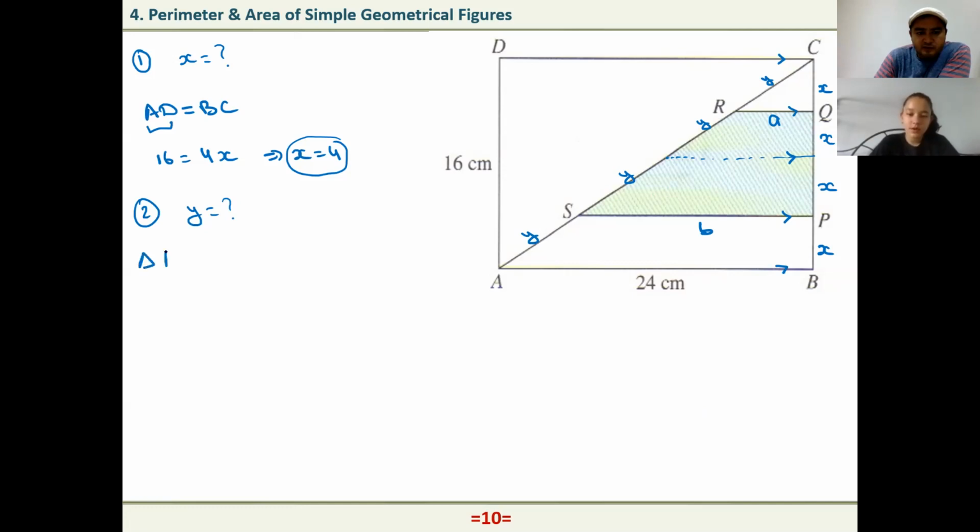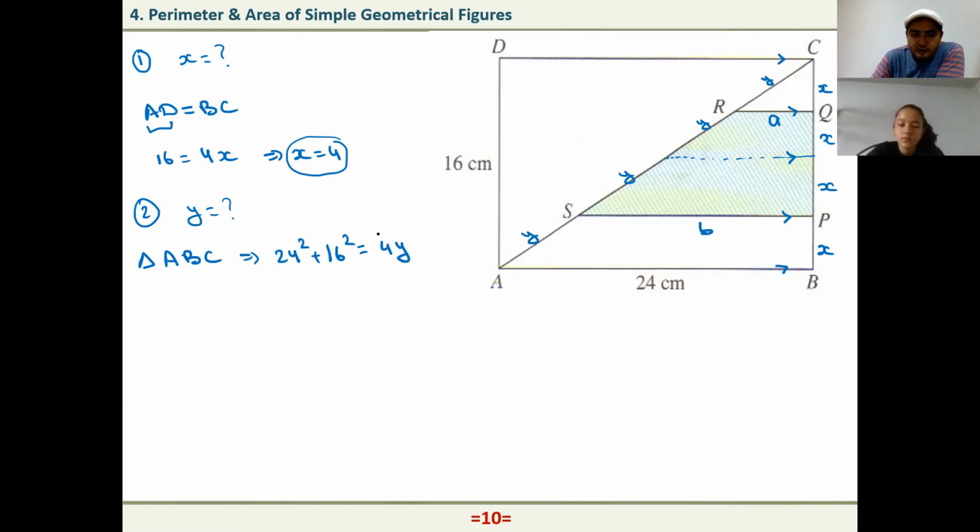Triangle A, B, C. Is it the right angle triangle? Yes, ABC. Then I can use Pythagorean theorem. That's AB squared, right? 24 squared plus BC squared. What is BC? 16. 16 squared equals, what is AC? AC is Y plus Y plus Y plus Y. That is 4Y squared.